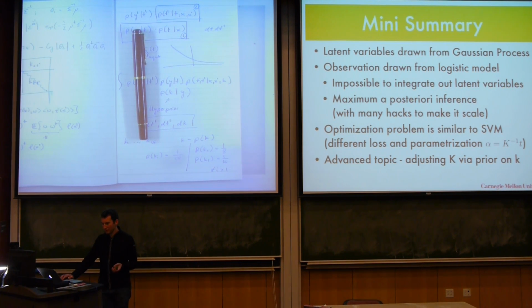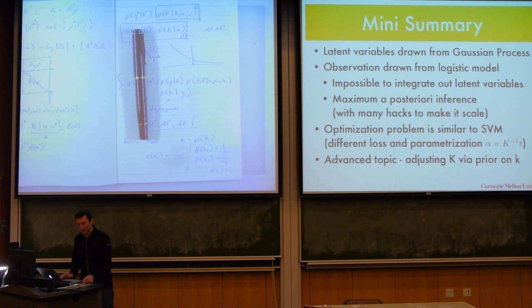So basically what we did is we looked at latent variables drawn from a GP, the observation drawn from a logistic model, and then we just happily went on our merry ways and optimized by doing a couple of really horrible hacks on the way, by essentially replacing integrals by maximization.